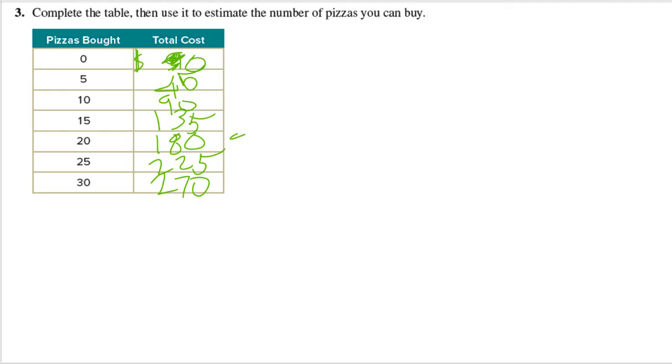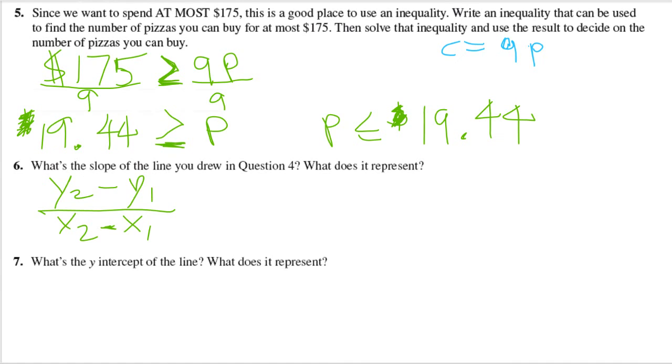I'm going to take 20 pizzas and 10 pizzas. So Y is the price. X is the number of pizzas. So I'm going to have 180 minus 90 divided by 20 minus 10.